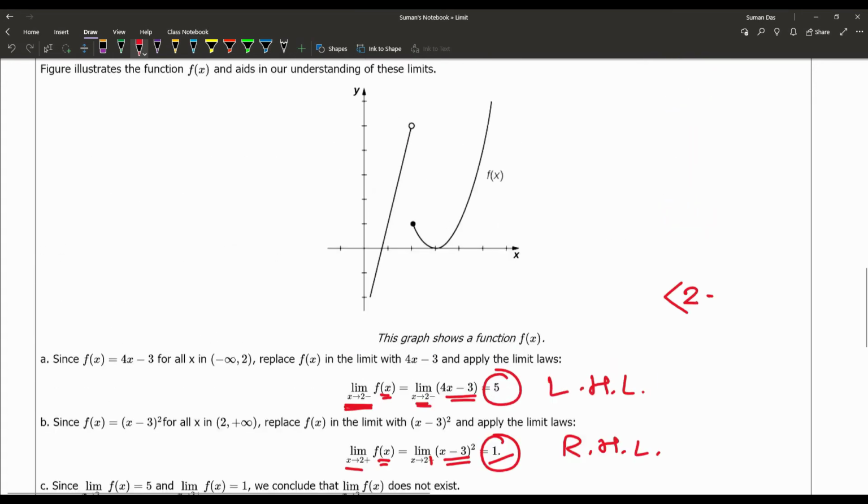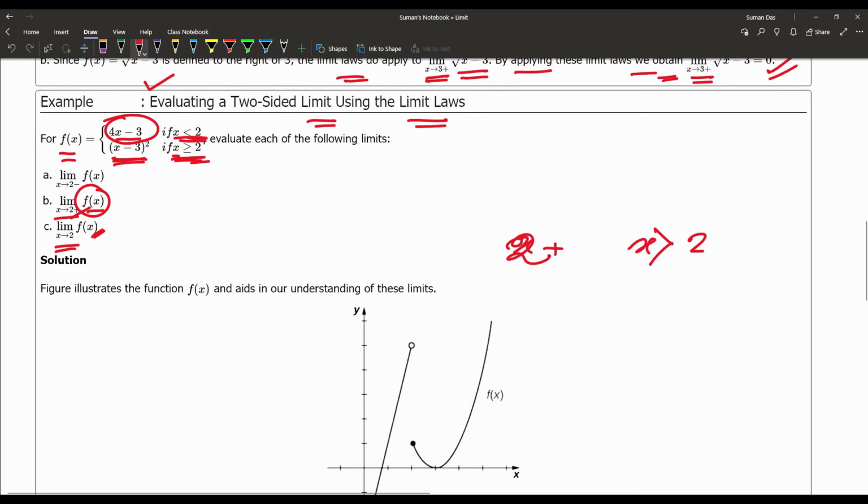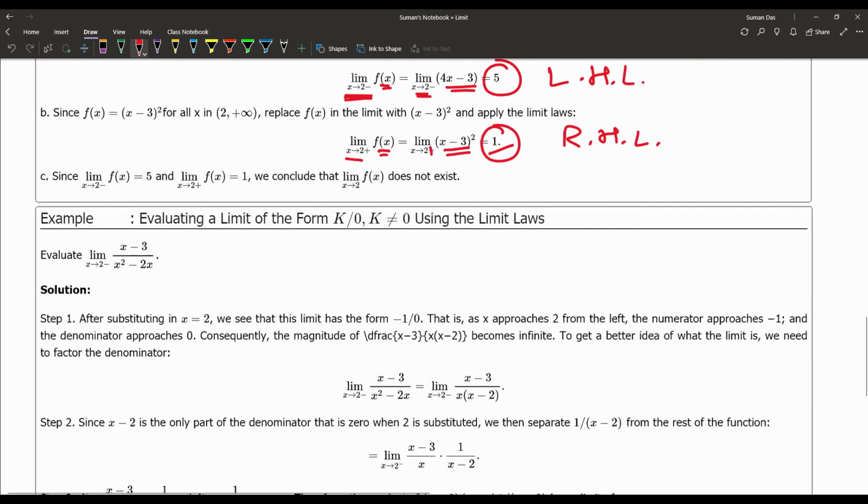Now the third part. The third question is the limit as x approaches 2 of f(x). Once again if we look at the function, when x is greater than or equal to 2, that means when x is 2, the function is (x minus 3) whole squared. So the result is the same.